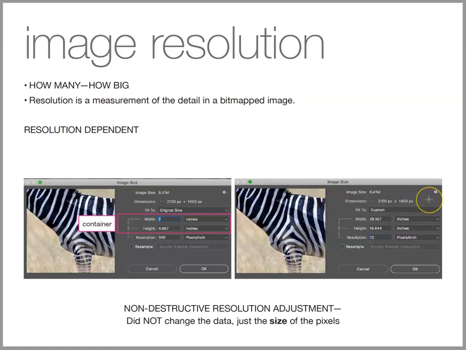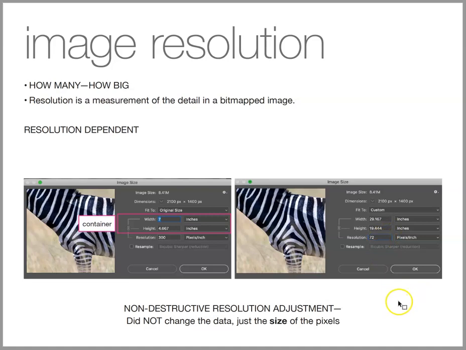So the data itself has not changed. The only thing that's changed is the size of the pixel. And when I changed the size of the pixel from 300 to 72, because the pixels got bigger, the box had to get bigger.